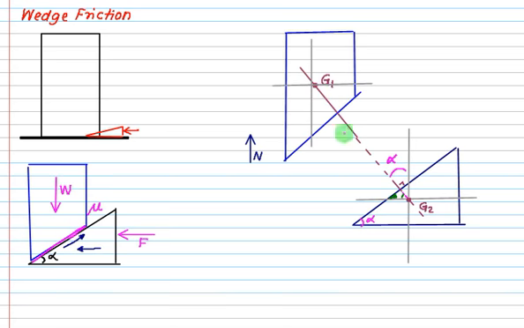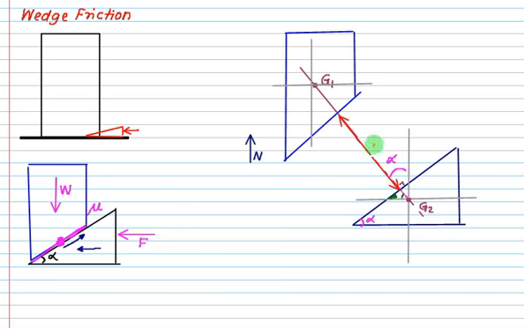Now this is the line which joins the center of gravity. Through this, the contact reaction at this point will exist. This is the contact point. Whenever we have a contact, the contact reaction will pass through the CG. So we have one contact, that is this point. So this is the contact reaction, and one contact reaction will be like this.